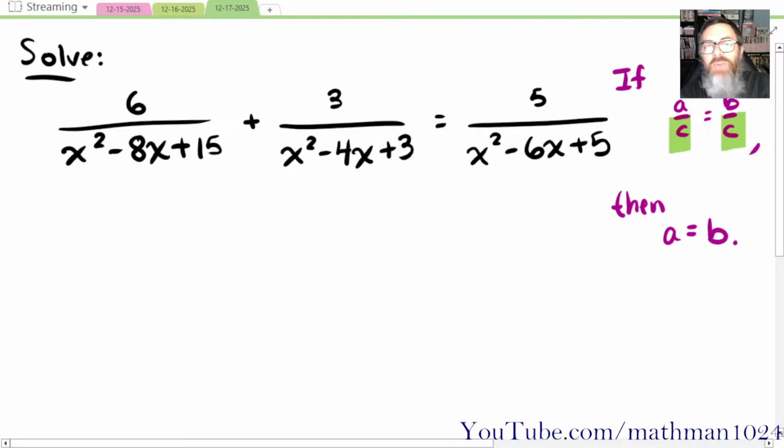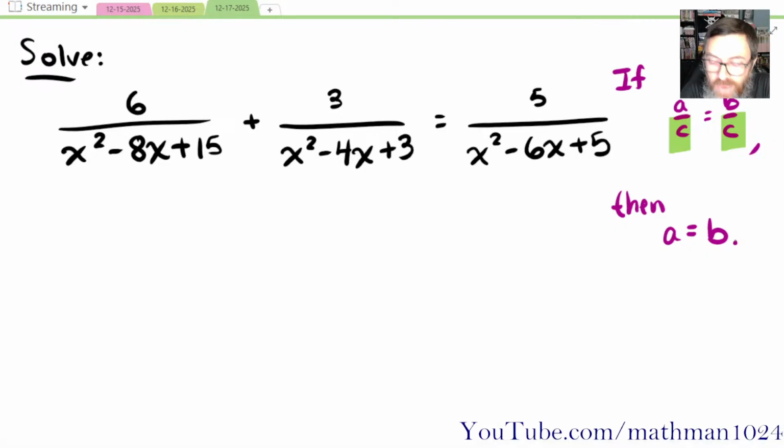If you have two fractions that are equal and they have the same denominator, then the only way those two fractions can be equal is if their numerators are also equal.